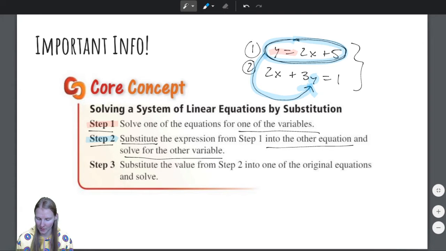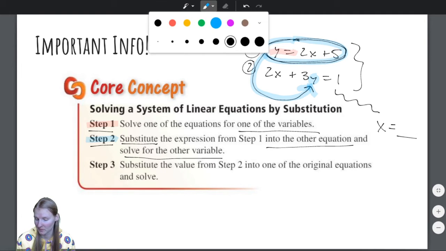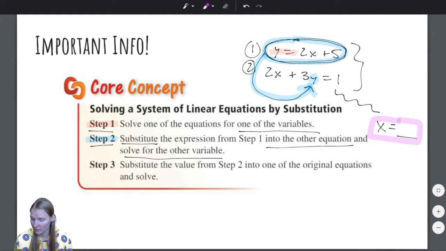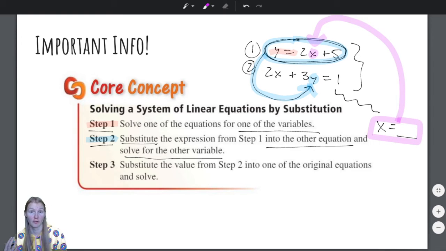Okay, and step 3. Once you do this substitution, you do some more steps and you get x equals something, right? And step 3 is to take whatever you get for x and plug it back into the original. That way you can solve for y, right? Because my solution to a system of linear equations is a point.